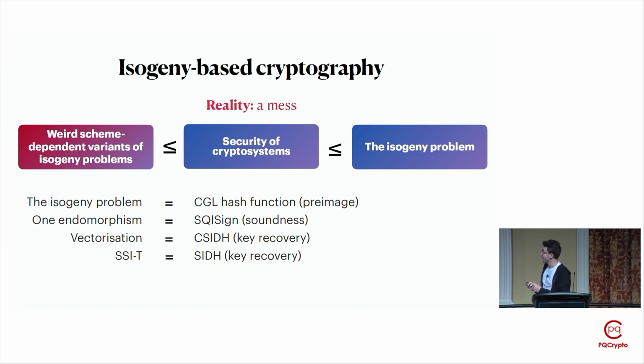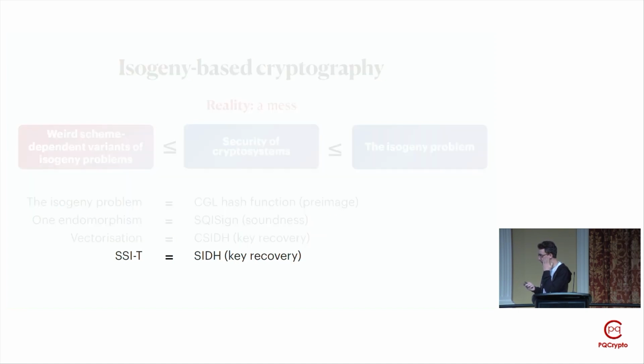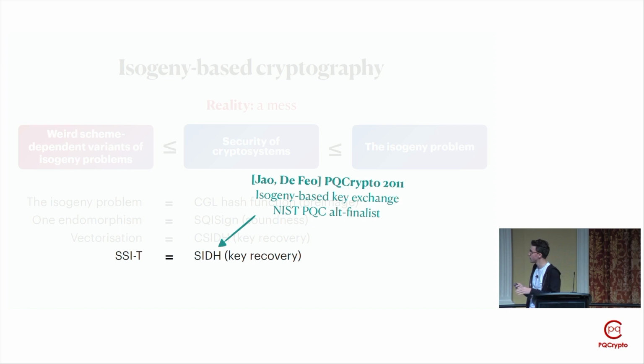And then there's SIDH. You may suspect that SIDH is a big player in the talk that I'm about to give, so I'm going to focus a little bit on it. SIDH was introduced by Jao and De Feo at PQCrypto in 2011. It's an isogeny-based key exchange. It has been very popular. It has essentially sparked the field of isogeny-based cryptography. It wasn't the first isogeny-based scheme for sure, but it attracted a lot of interest into the field.